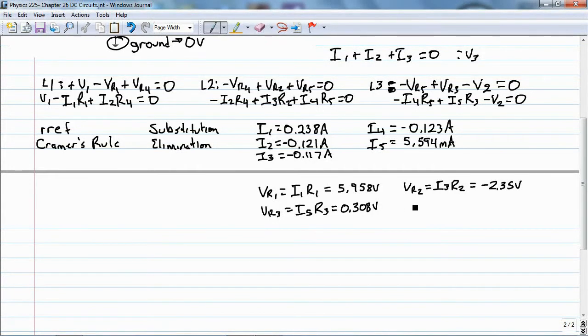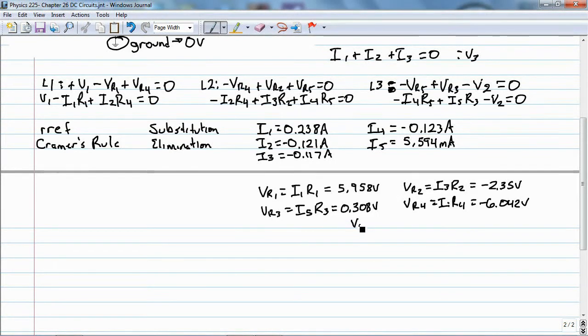And we have VR4, and that's equal to negative, sorry, jumping ahead, that's I2 R4, and that's equal to negative 6.042 volts.